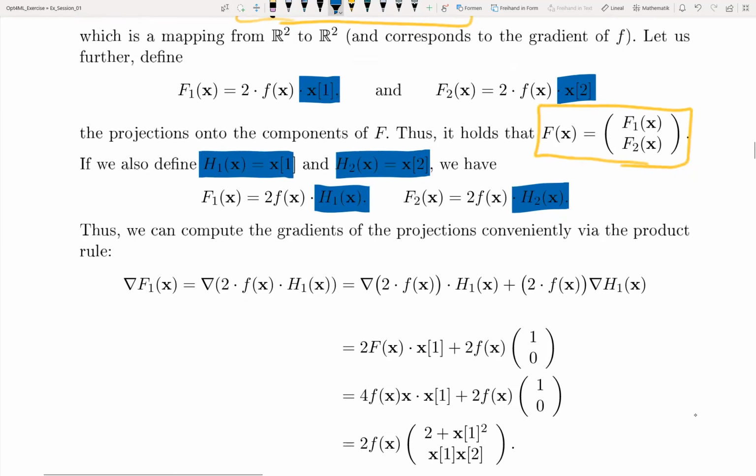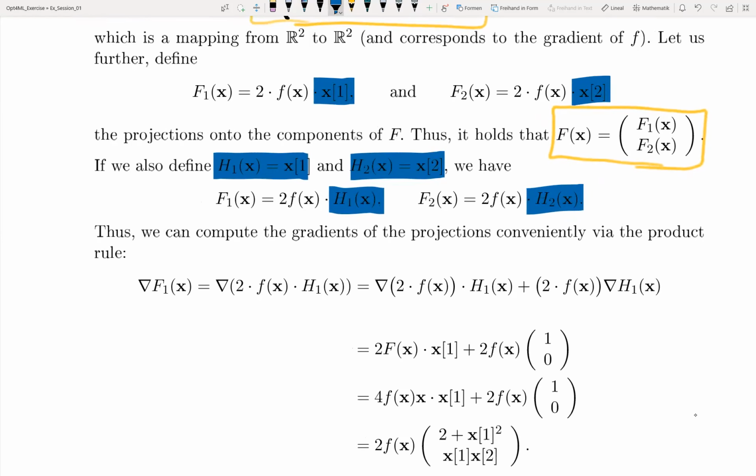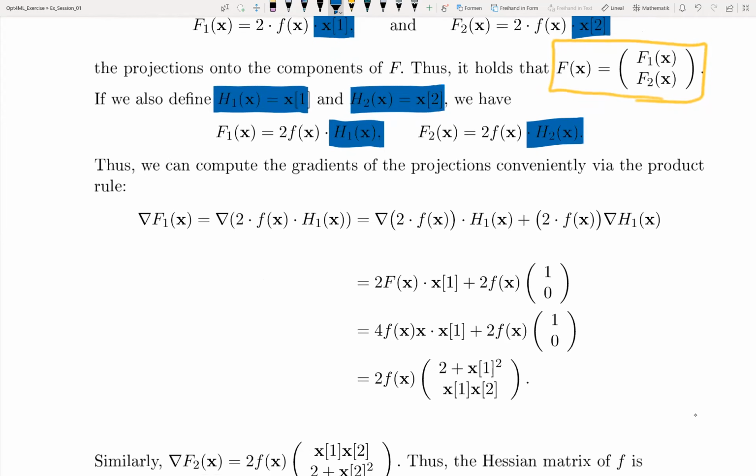All right, and then we are interested to get the Hessian matrix. We are interested in the gradient of f1 and also of f2. Let's start with f1. What's the gradient of f1? Well, this is what we are looking for, namely that we have here a product structure. We have here a multivariate function, f, and another multivariate function, h1.